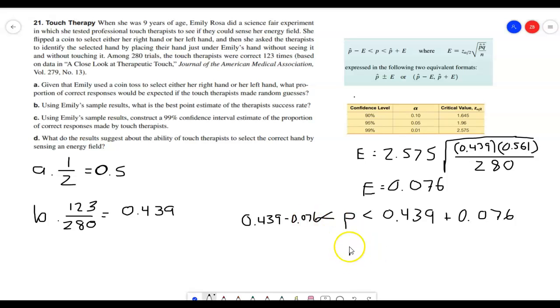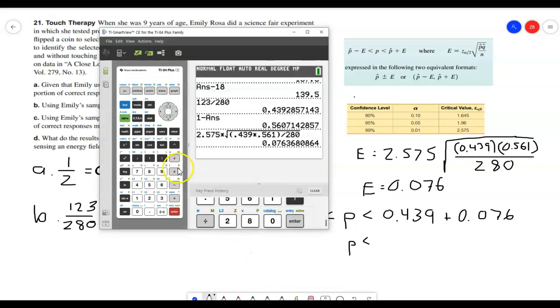So doing the math, this is going to be 0.439 minus 0.076.